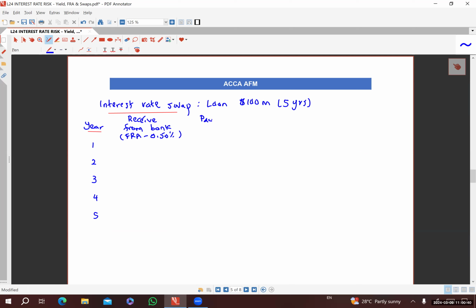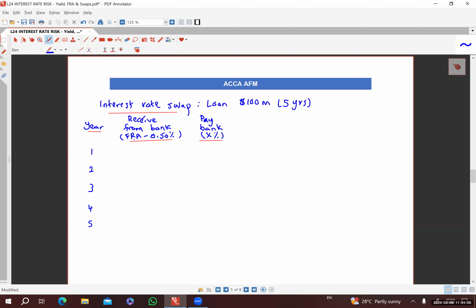You pay the bank a fixed rate, let's say X%. We don't know what the rate is, so we just take it as X%. So let's work out this.